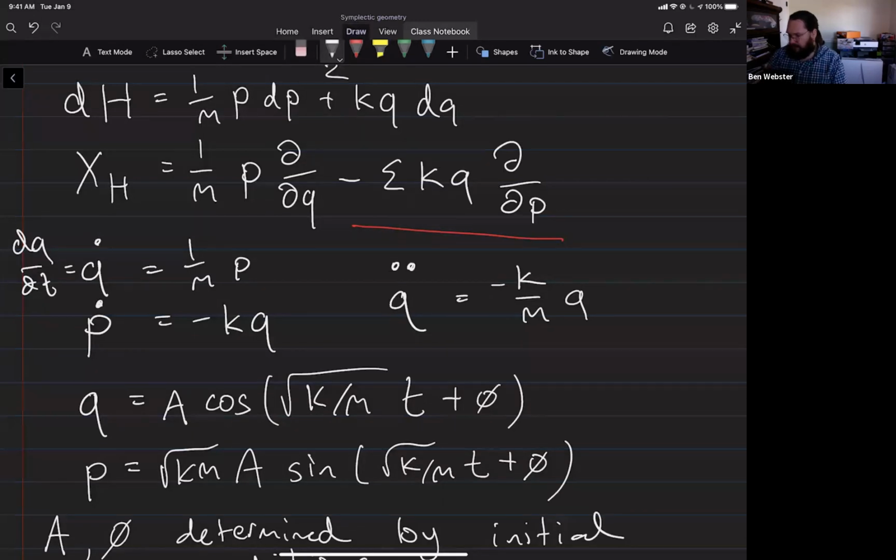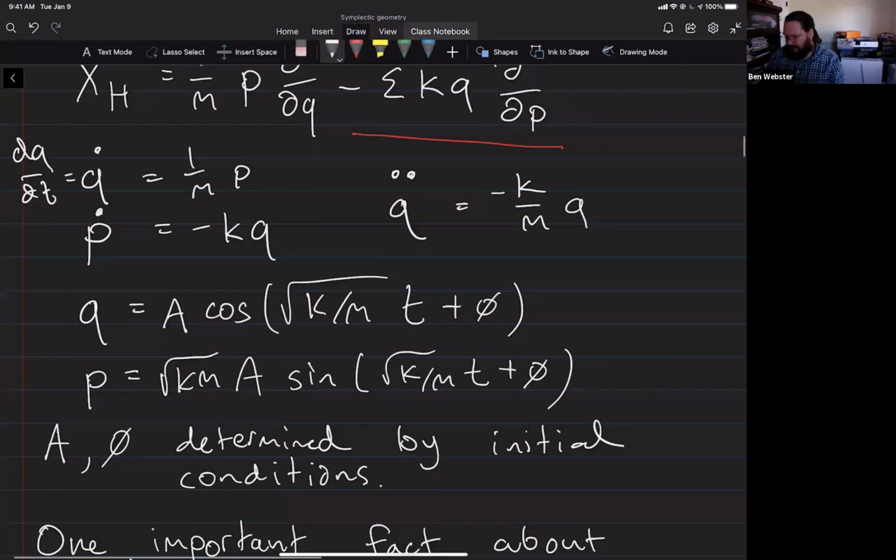And so the second derivative of q is equal to minus k over m times q. This is the usual solution to the harmonic oscillator, where you get sine and cosine with some funny constants thrown in. Then depending on the initial conditions, you multiply the whole thing by a scalar that gives you the amplitude, and you also have a phase angle.